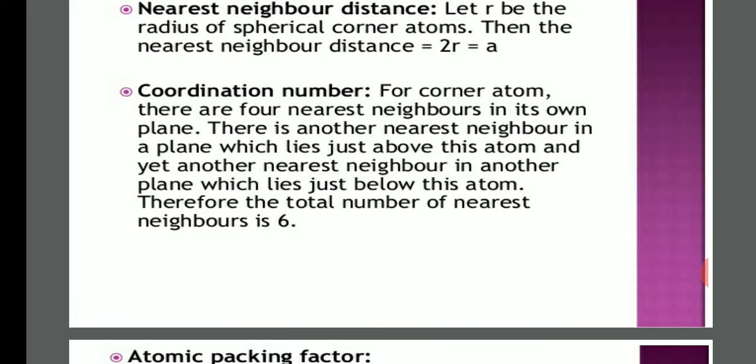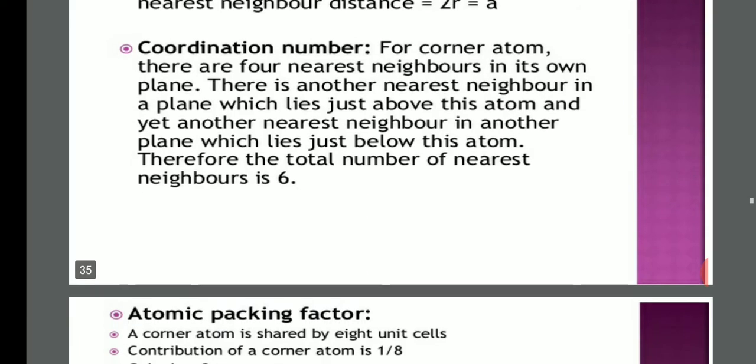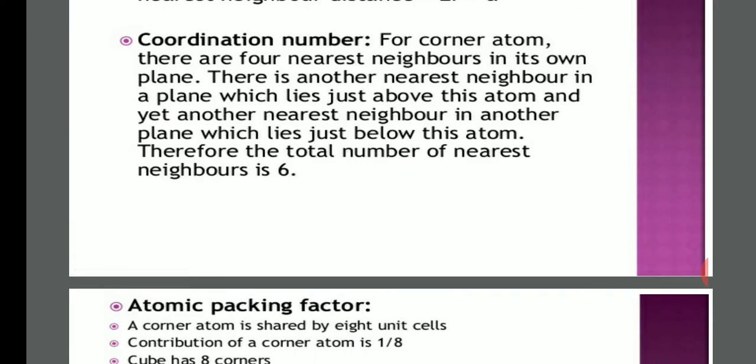Now coordination number for corner atoms: there are 4 nearest neighbors in its own plane, one nearest neighbor in a plane which lies just above these atoms, and yet another nearest neighbor in another plane which lies just below these atoms. Therefore the total number of nearest neighbors is 6, that is, the coordination number of simple cubic structure is 6.